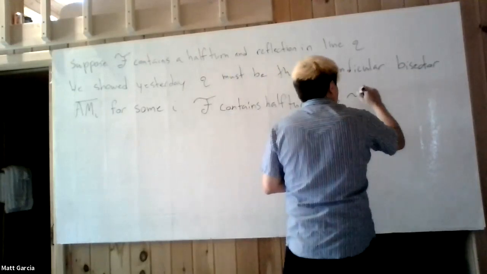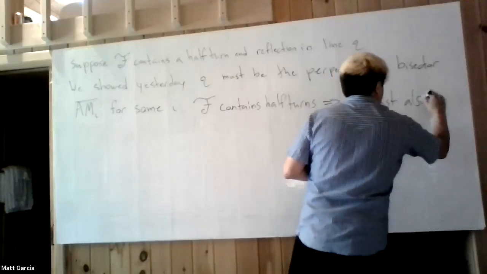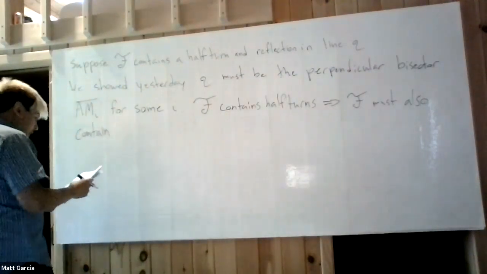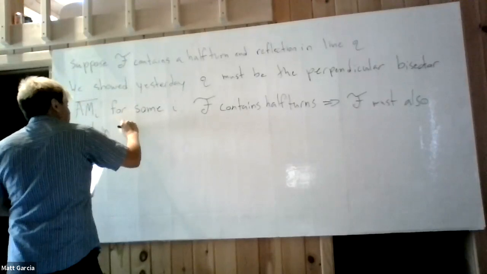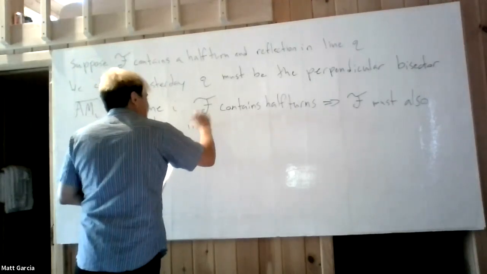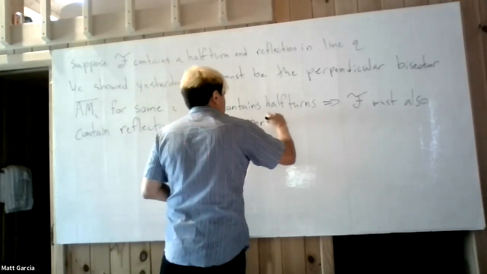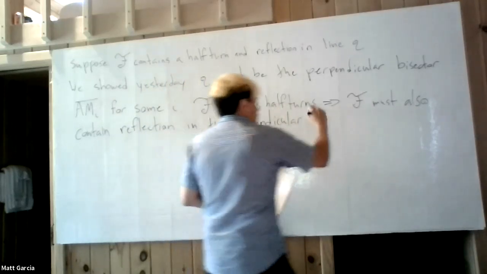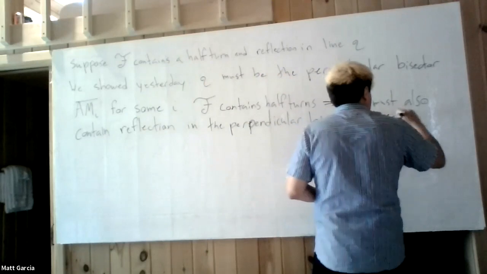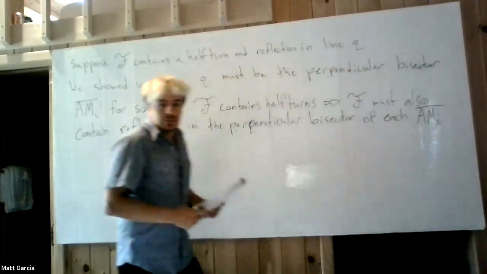This implies that F must also contain reflection in the perpendicular bisector of each line segment A and I, as I varies, right?